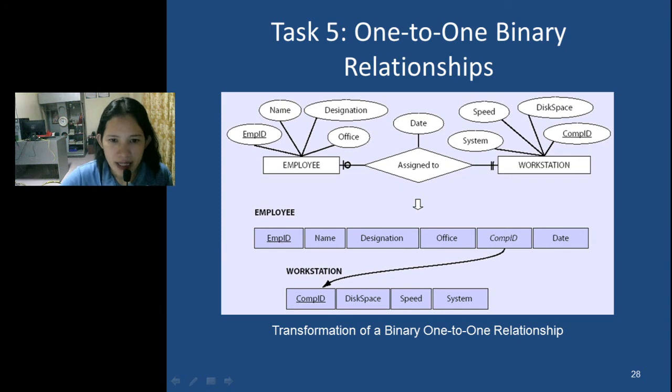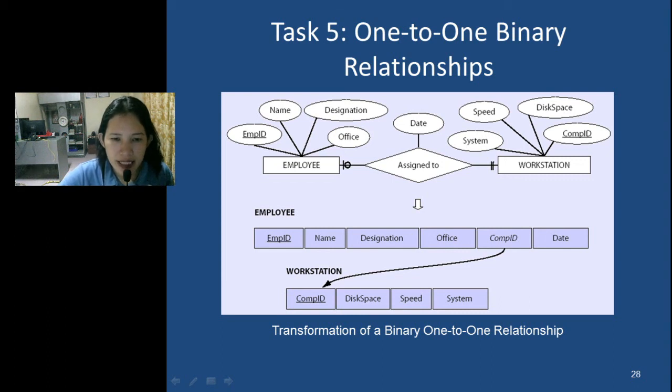as well as the date, which is the attribute of the relationship. So again, we add the foreign key, computer ID, and the attribute of the relationship, which is date. So we add the computer ID and the date to the employee relation because the employee has the optional side.